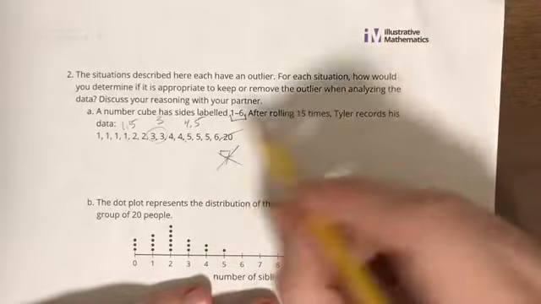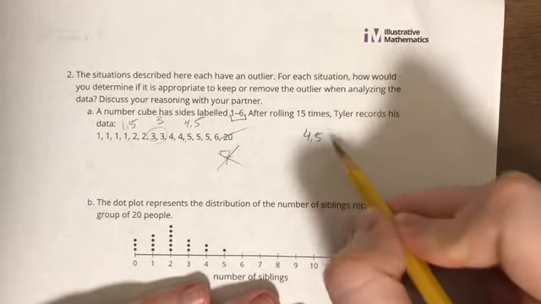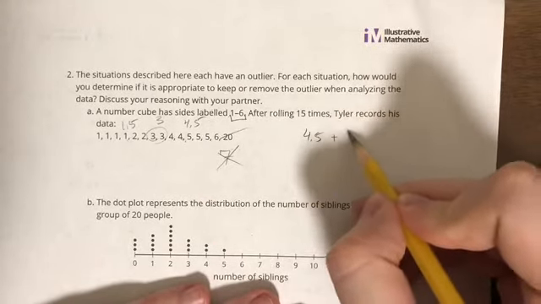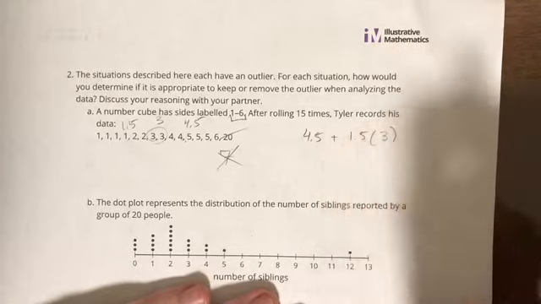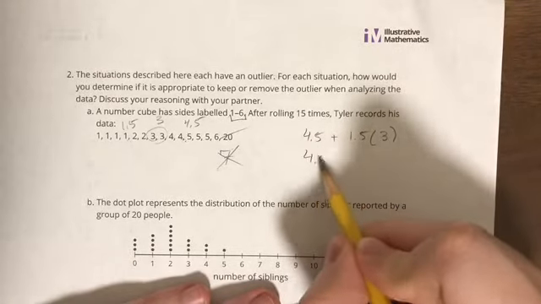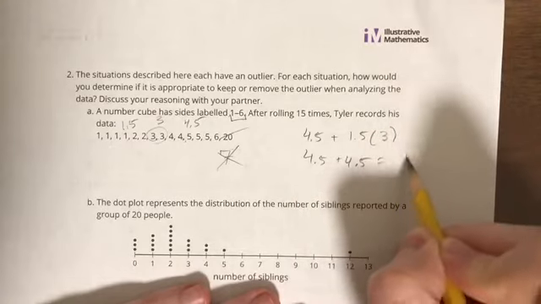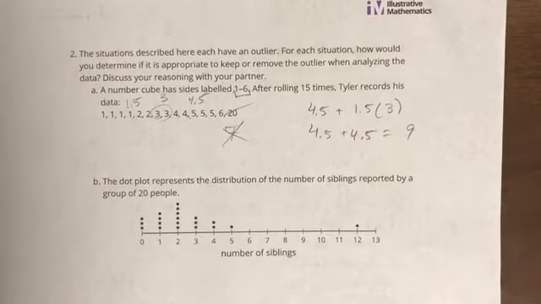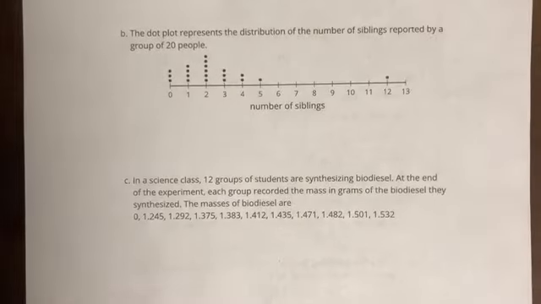Well, I don't even need that, but 4.5 plus 1.5 times 3, my IQR. Oh, actually, 7 would not be considered an outlier mathematically. It'd have to be above 9. So that's sort of an interesting example where you have to think about it in a real world situation. It doesn't matter if it's an outlier mathematically. It does not matter.